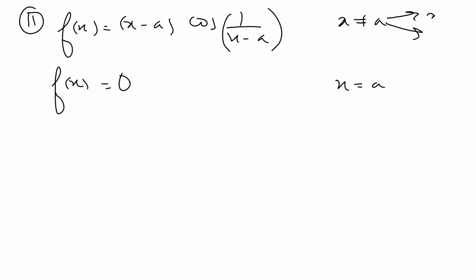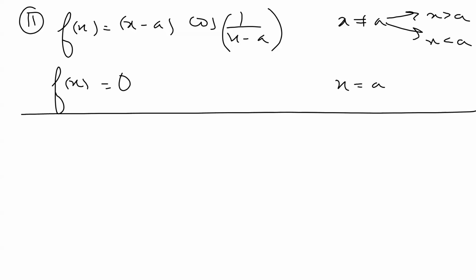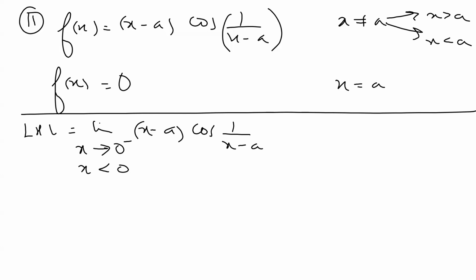So this implies both x is greater than a and x is less than a. Again, LHL: limit x approaching 0 minus, x less than 0. F of x is x minus a cos 1 upon x minus a.